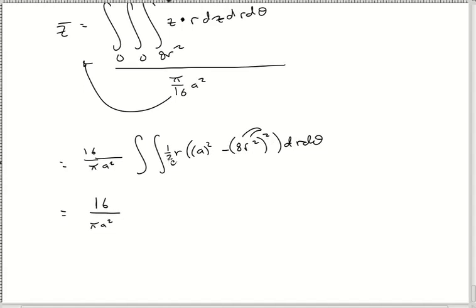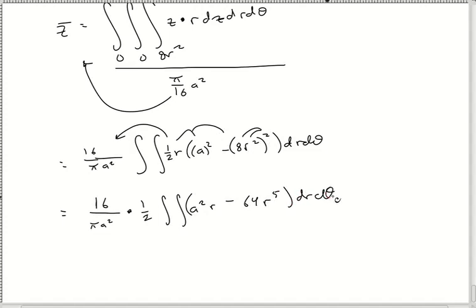Distribute over here. I think we can pull the half out if you really want to. Not really required, I'd say. I'm going to distribute my r into here. So I got a squared r. And over here, I actually got 8 squared is 64. And then I have r to the fourth. And then one more makes r to the fifth. That's a lot of r's.